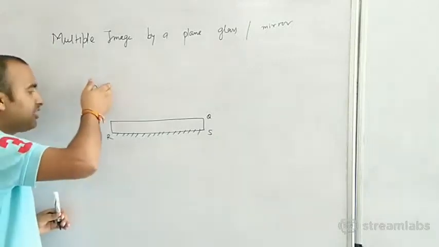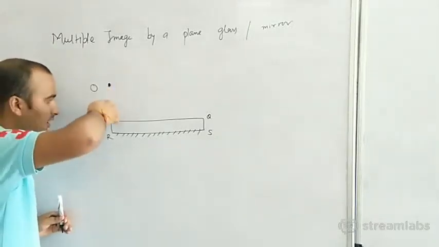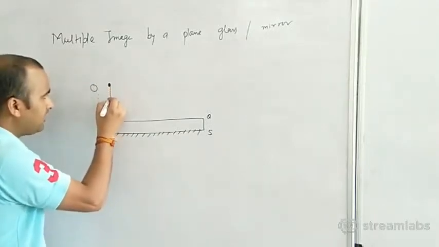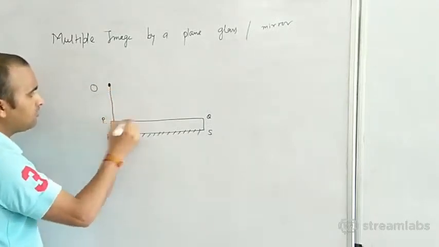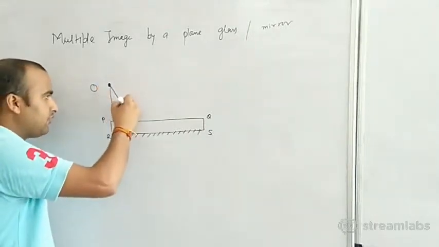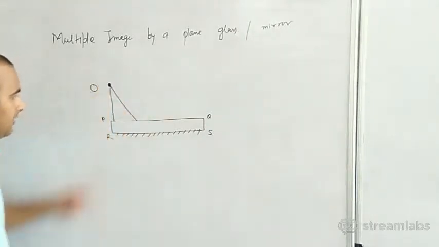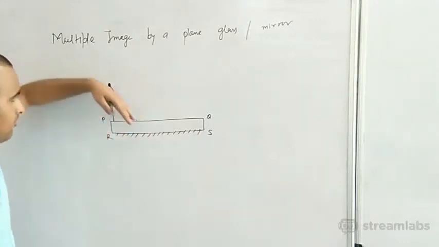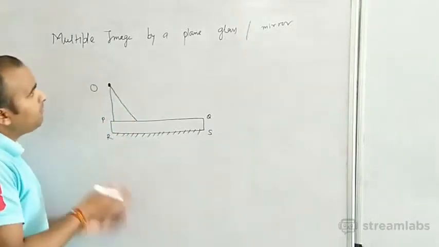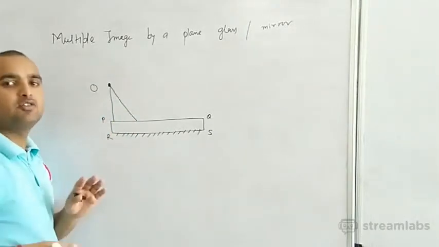Then the light is coming towards this glass slab. This is plane glass. One ray is coming perpendicular to this surface, and another ray is coming obliquely to this surface. Two rays are coming here, one perpendicular and one oblique. So again reflection and refraction are going on here.